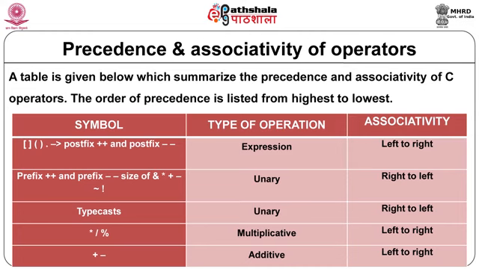For unary, right to left. For typecast, right to left, and multiplicative left to right, additive left to right. In additive you will find plus and minus. So, first the plus operator will be executed and then the minus operator will be executed.